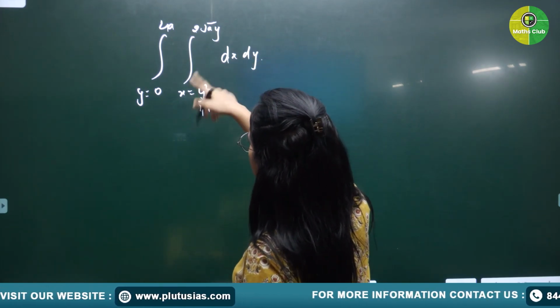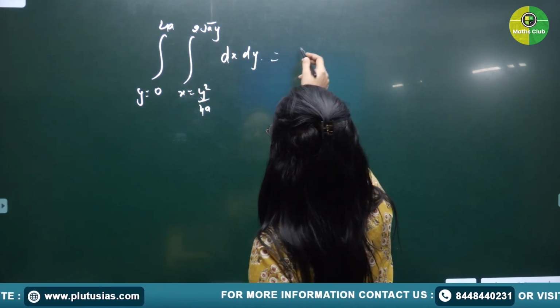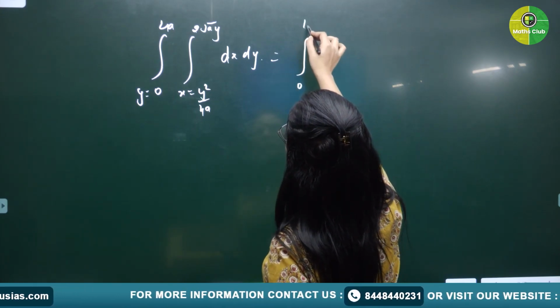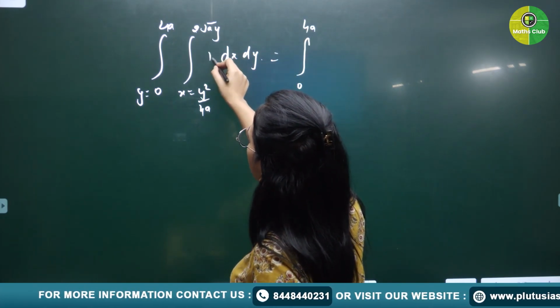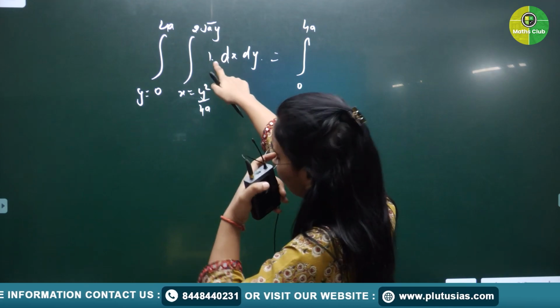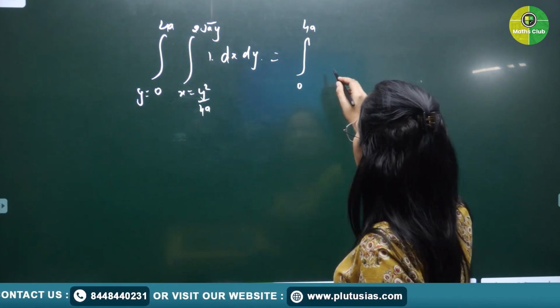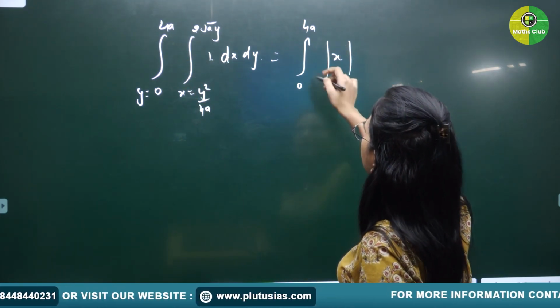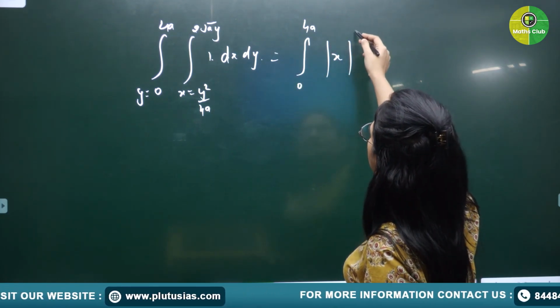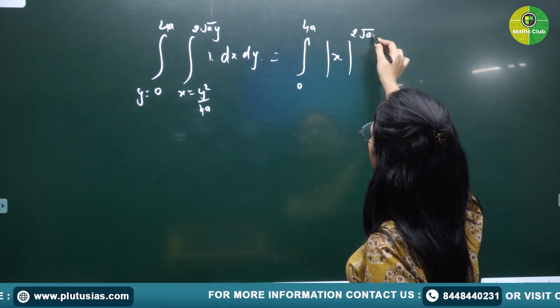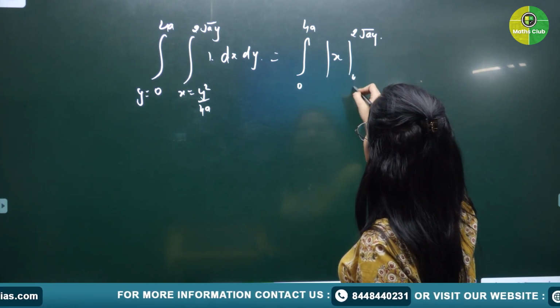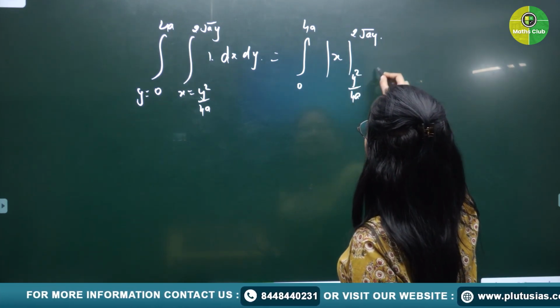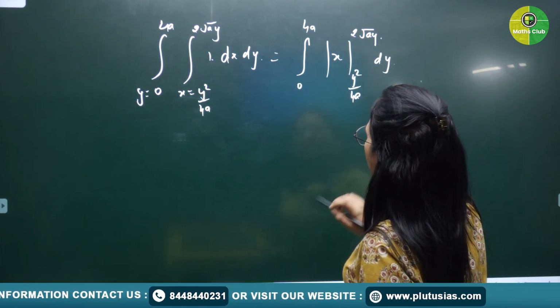Now you just calculate this integral, and this integral becomes 0 to 4a. What is this? This is nothing but 1, and if I integrate this with respect to x, it would be x, and the limits, upper limit is 2 root ay, and lower limit is y square by 4a. dy is the remaining.